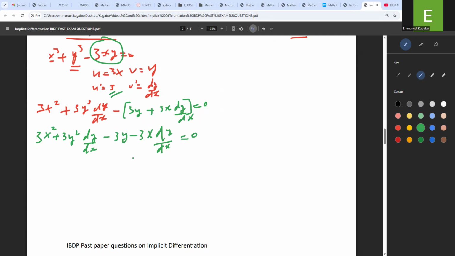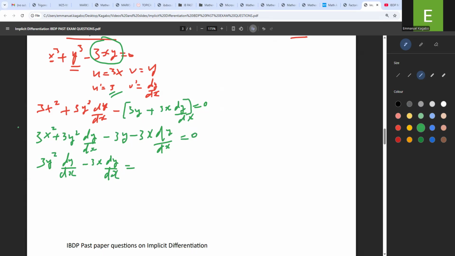Now, what do we do next? Everything with dy over dx, I put together and they stay on the left-hand side of my equation. Everything without dy over dx goes on the other side. So now, this one is 3y squared dy over dx minus 3x dy over dx altogether.